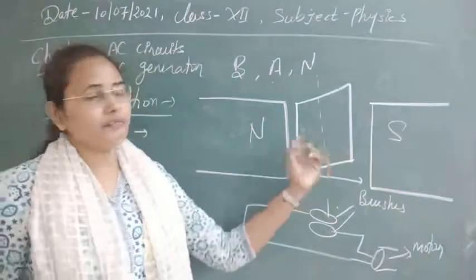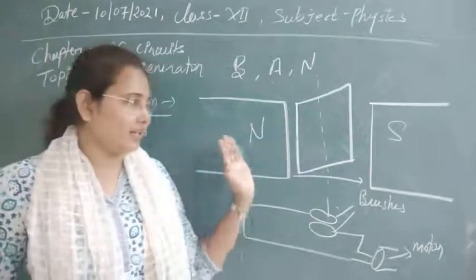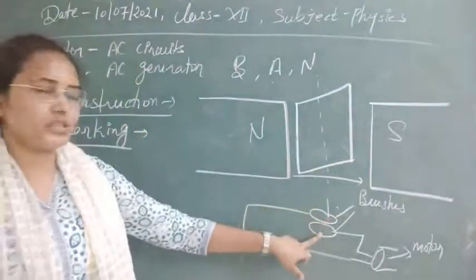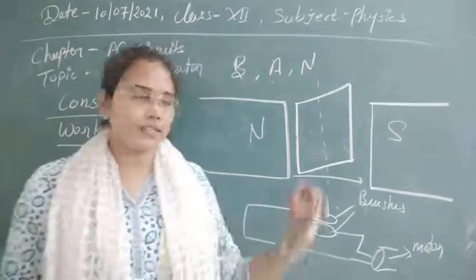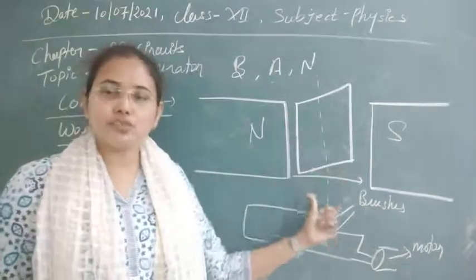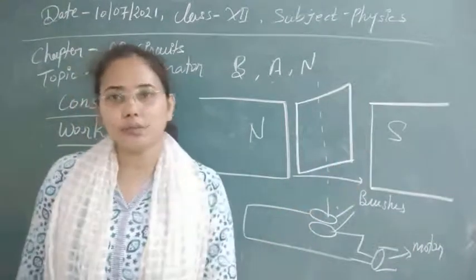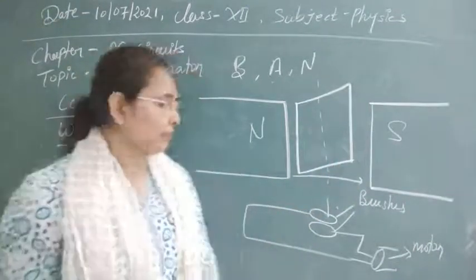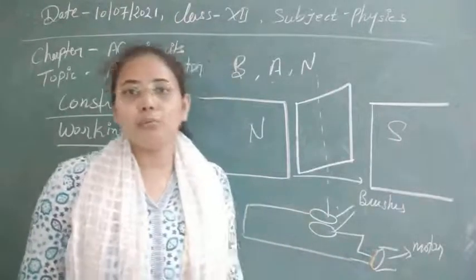That's why we are letting this coil rotate freely in this magnetic field. These brushes have the work to rotate this coil, and the coil is fixed to these brushes. Whenever the brushes rotate, according to their rotation this coil will rotate here. And to rotate these brushes, we are using some mechanical motors.